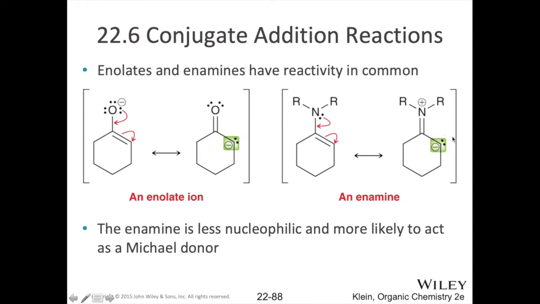As a result, this enamine, this carbanion that we form here, is less nucleophilic than our enolate. Okay, and so unlike a typical enolate, this one is going to be a little bit more likely to behave as a Michael donor.